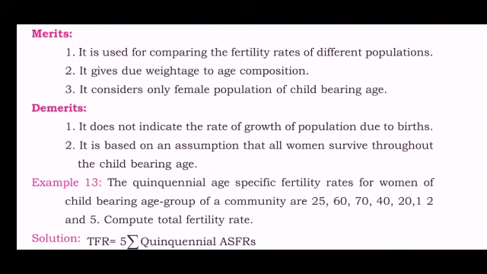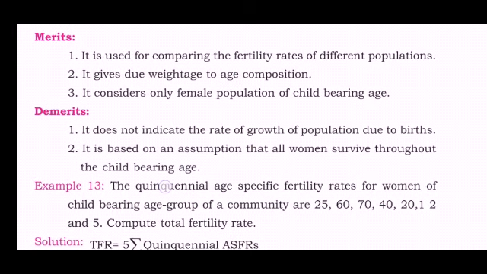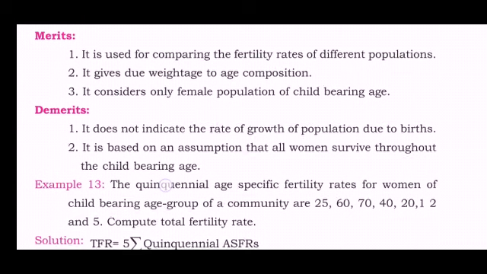Then it considers only the female population of childbearing age. So one more main point we should consider here is that it considers female populations of childbearing age only. So other non-productive human beings are left out here.